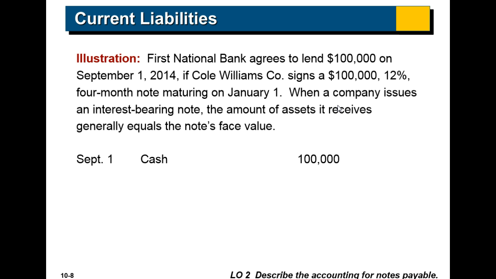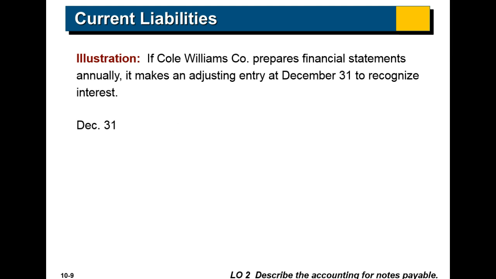when they lend the money, Cole Williams will show on his books cash for $100,000 and notes payable for $100,000. Now, when Cole prepares their financial statements, it's going to report the interest that has accrued on this note, even though it hasn't been paid yet, because it's technically owed to the bank.